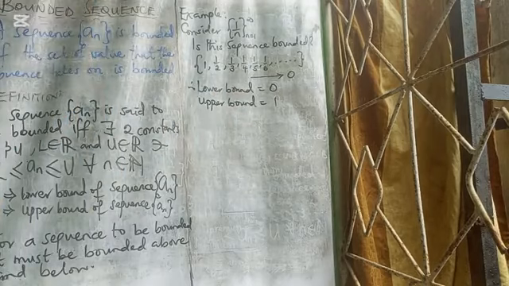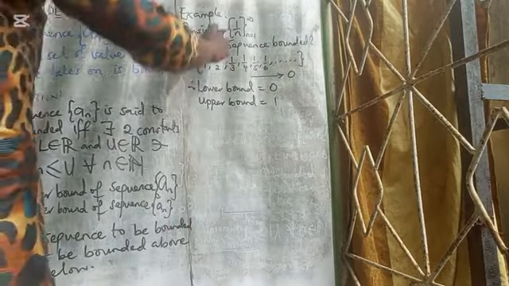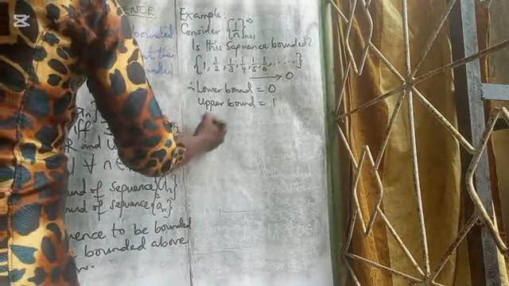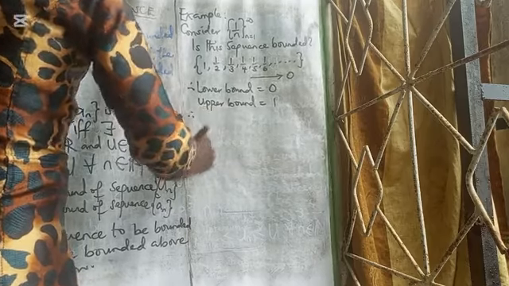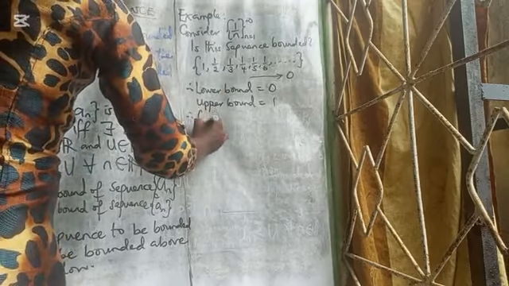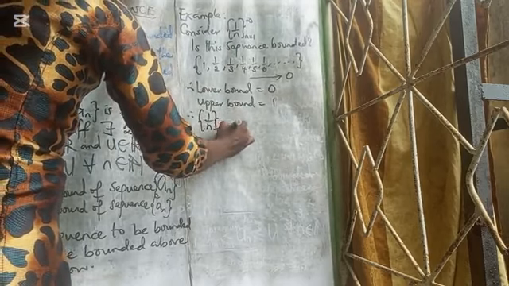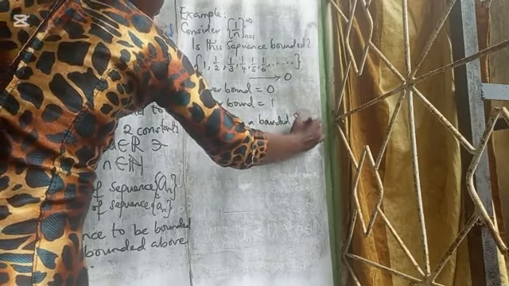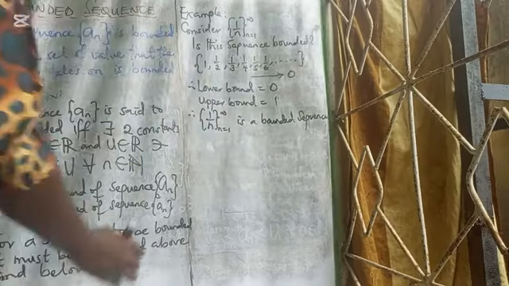And so, the sequence of the reciprocals of numbers is a bounded sequence. Why? Because it has both the lower bound and the upper bound. Therefore, the sequence 1 over n, as n moves from 1 to infinity, is a bounded sequence.